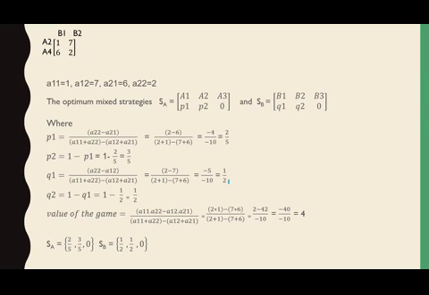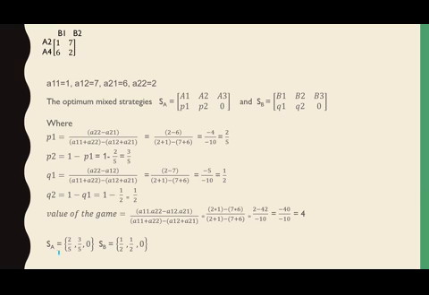If Q1 is half, Q2 will be 1 minus half, which is once again half. So next, find the value of the game. Substitute all these values in the given formula. So you will get 2 minus 42 by minus 10. So it will be minus 40 by minus 10, which is 4. So the value of the game is 4.